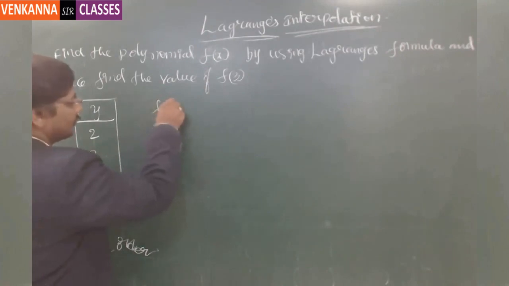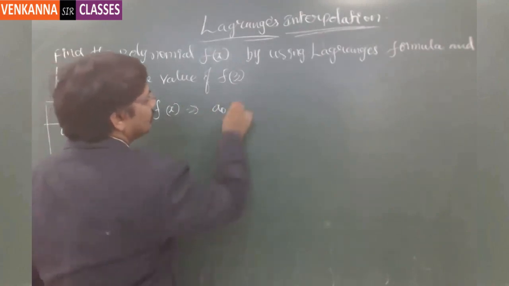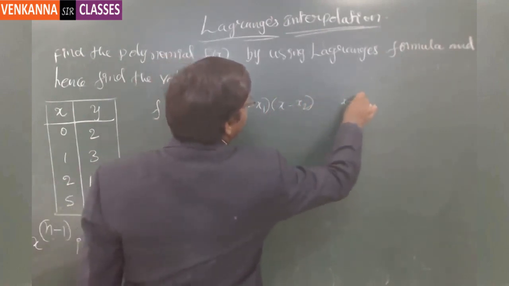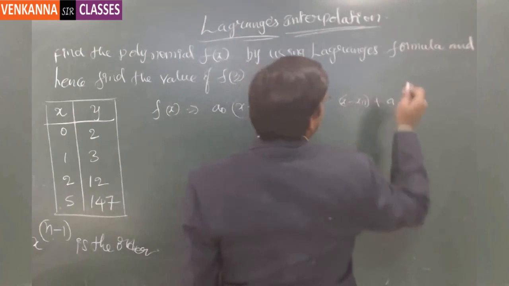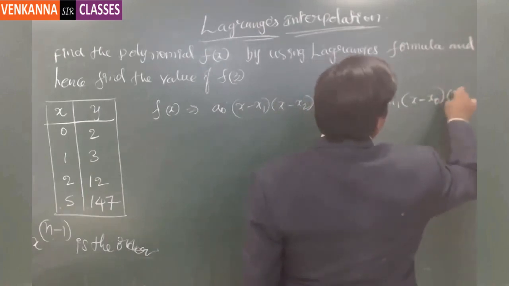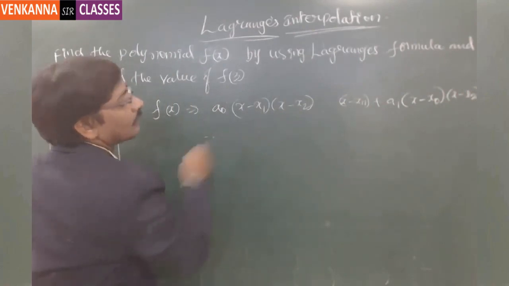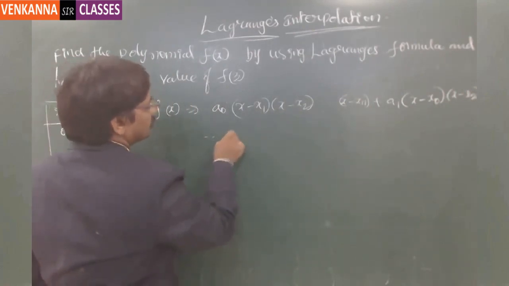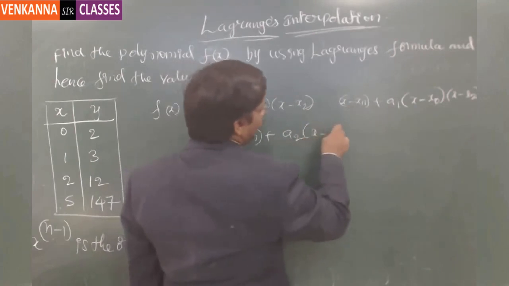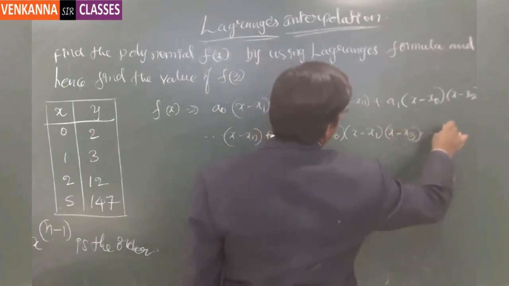Now the polynomial is f of x is equal to a0 into (x minus x1)(x minus x2) and so on up to (x minus xn), plus a1 into (x minus x0)(x minus x2) and so on up to (x minus xn), plus a2 into (x minus x0)(x minus x1)(x minus x3) and so on up to (x minus xn).